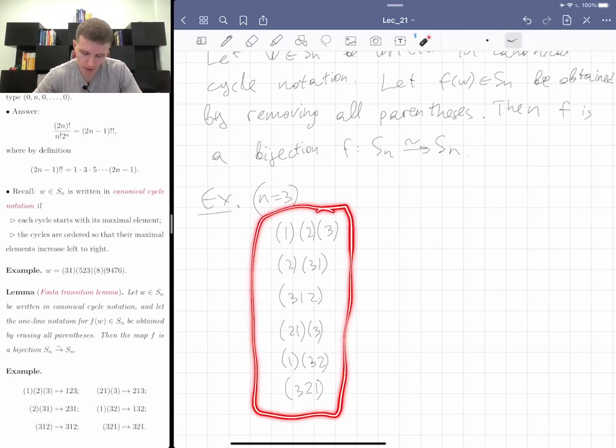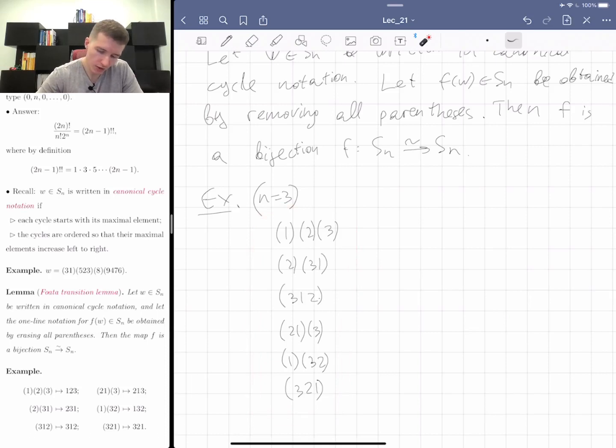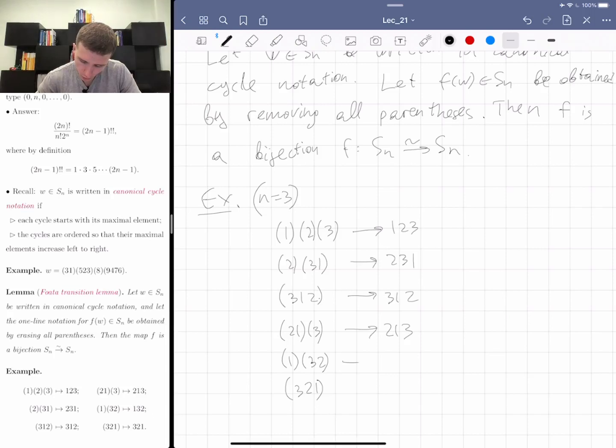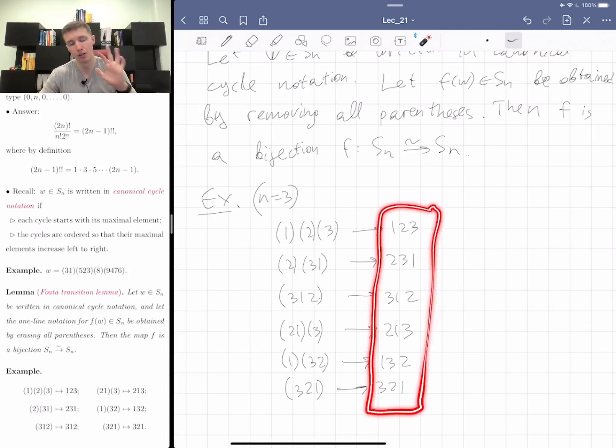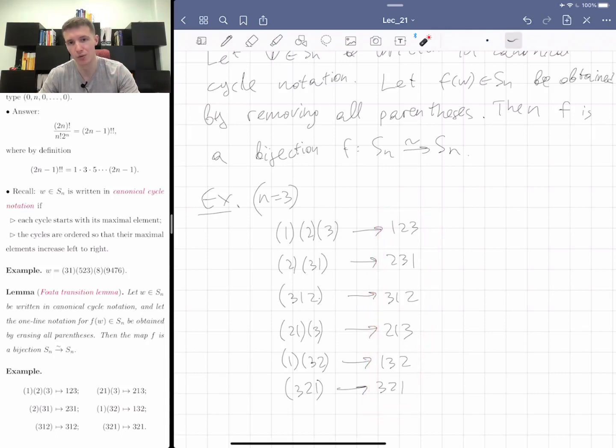Each permutation appears exactly once. Now I do the same, but I remove the parentheses: 1 2 3, 2 3 1, 3 1 2, 2 1 3, 1 3 2, 3 2 1. And you see that what I got on the right are all permutations exactly once without any repetition.